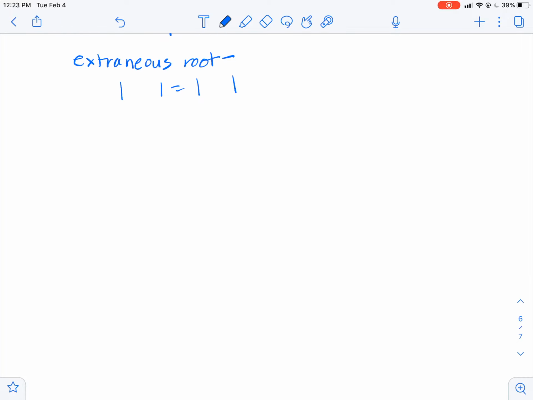But let me give you one more. So what if I have a radical, and then I happen to have, and I'm making this one up again, another radical. This is where it gets to be a little bit more complicated. And we actually have multiple steps that this one has to happen.